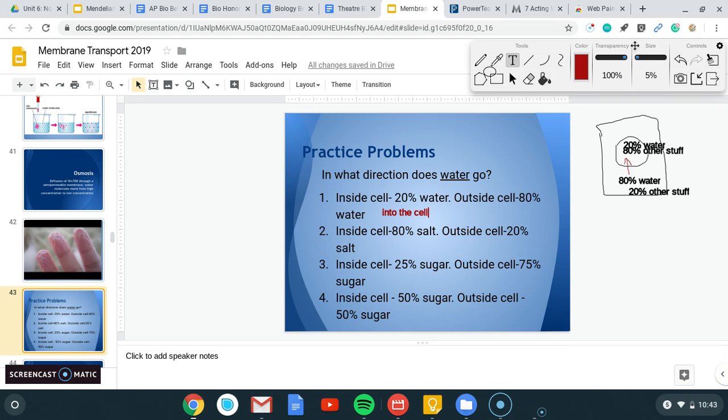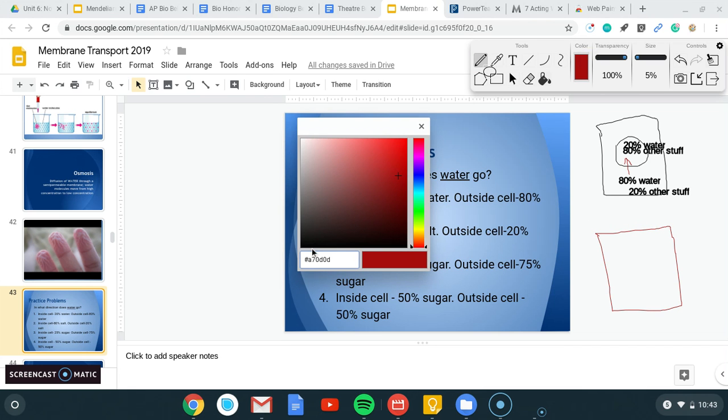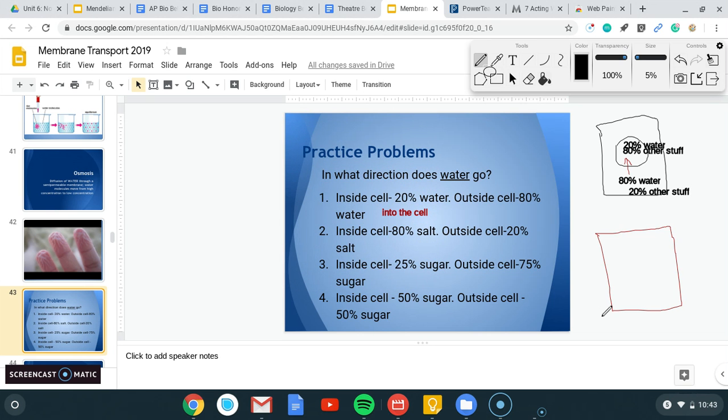Let's try number 3. So I'm going to draw what I have again. Go back to black. And inside the cell, we have 25% sugar. And outside the cell, we have 75% sugar. So in this case, we've got 25% sugar.